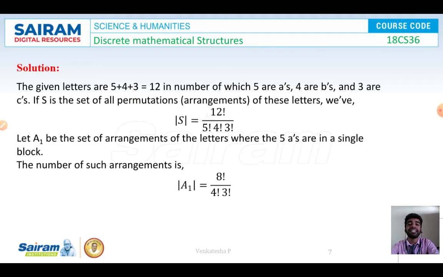I will be having 6 items. 6 factorial by 4 factorial is the order of A1 intersection A3. Similarly, in A2 intersection A3, I will be taking all the B's in a single block, all the C's in a single block. I will be having 7 items. So the order of A2 intersection A3 is 7 factorial by 5 factorial.